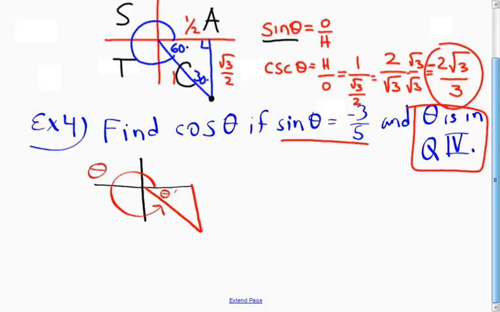And the sine of theta is always equal to opposite over hypotenuse, so if they tell us that it's -3/5, let's use those numbers. And so the opposite side here will be -3, and the hypotenuse will be 5. And hopefully you recognize that it's a 3, 4, 5, or Pythagorean theorem will get you through that.